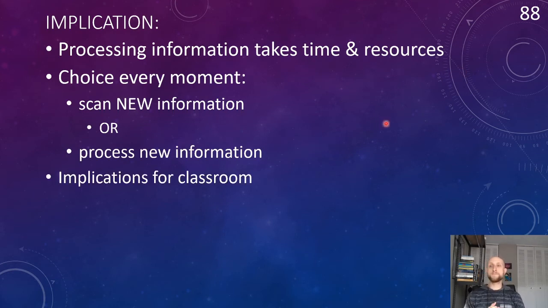And there's actually a pretty big implication for this with the classroom. This goes back to that capacity theory: we have a certain amount of attention. And so if our attention is preoccupied processing what we just heard or what we just saw, then if I were to continue on very quickly, you might miss my next point because you were processing the old information.